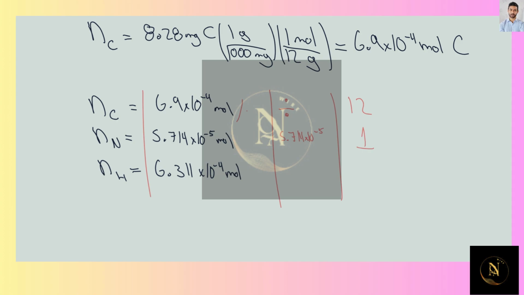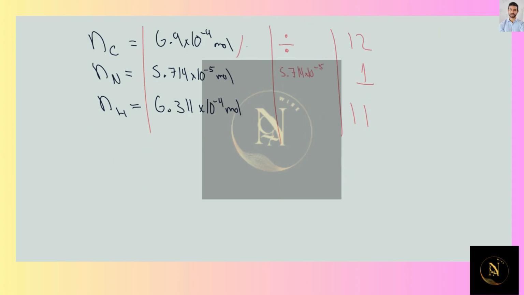And in the case for hydrogen, we're going to get 11. So this is going to tell us that the formula for this compound is going to be C12H11N. This is going to be our empirical formula.